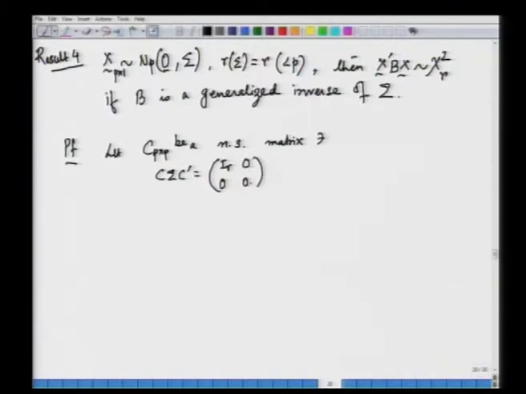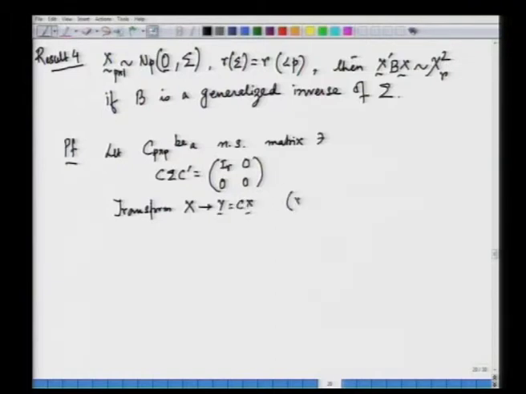Basically, what we are doing is we are considering a rank factorization and writing it in this form. Then we consider the transformation. So, now we transform from X to Y, which is CX.